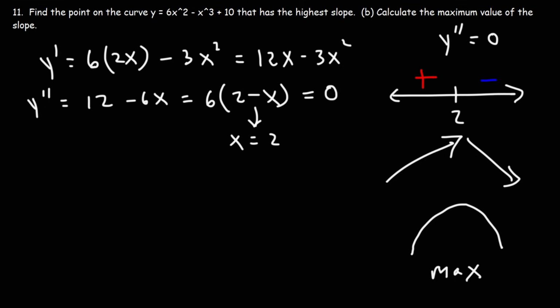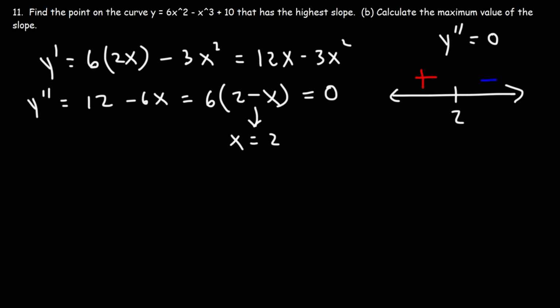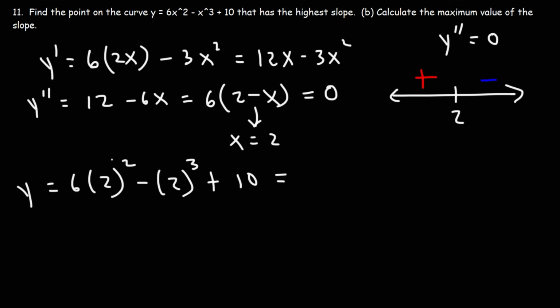So now we need to find the y value of that point. So let's plug in x into the original equation. So we have y is equal to 6 times 2 squared minus 2 raised to the third power plus 10. 2 squared is 4 times 6.